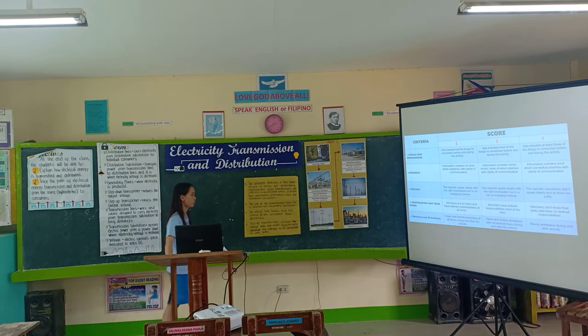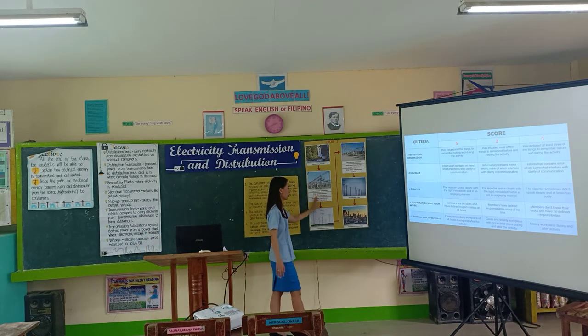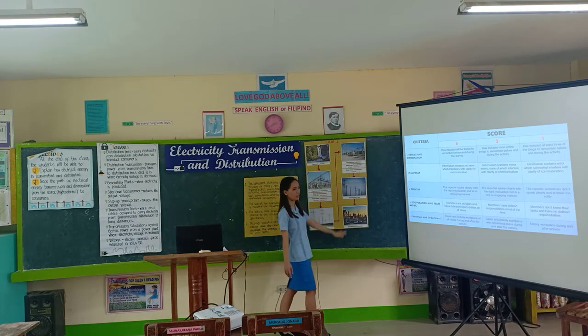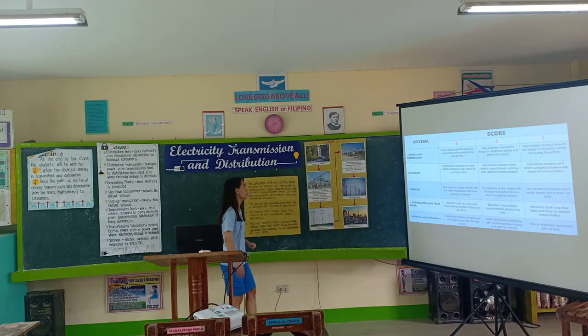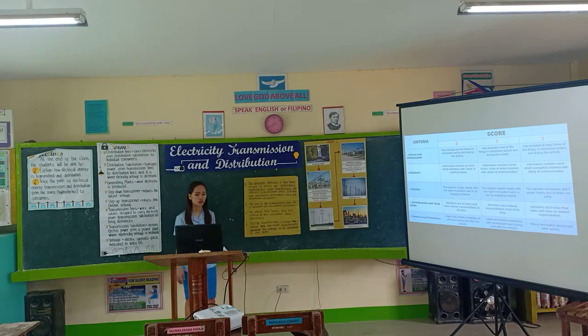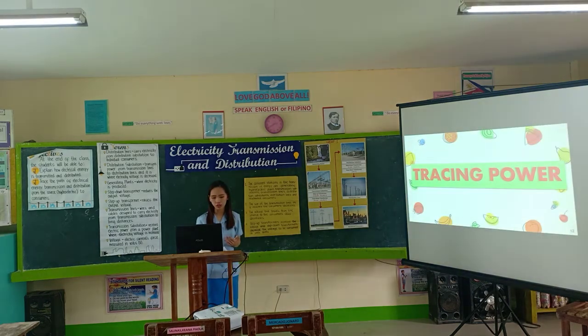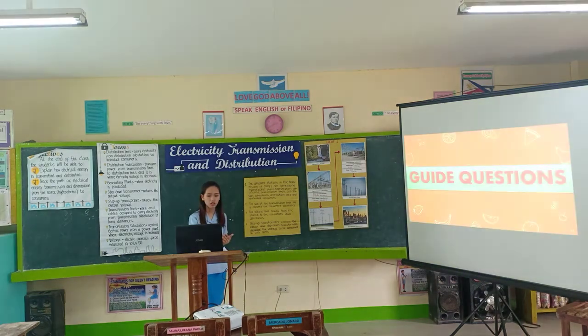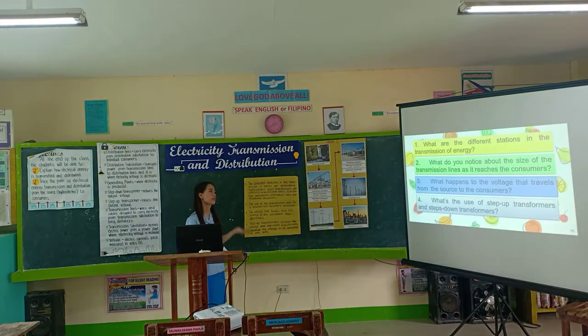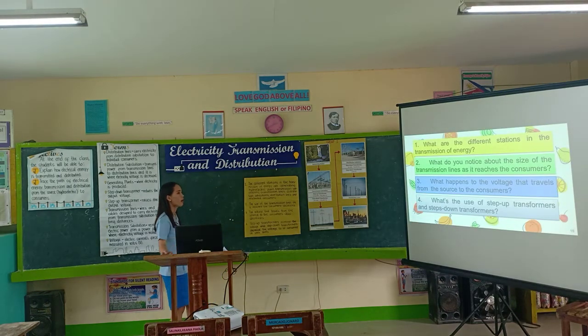Now, any question about the path of the electricity? None? Okay, let's proceed to your answers on the guide questions. These are the guide questions. Number 1, what are the different stations in the transmission of energy?